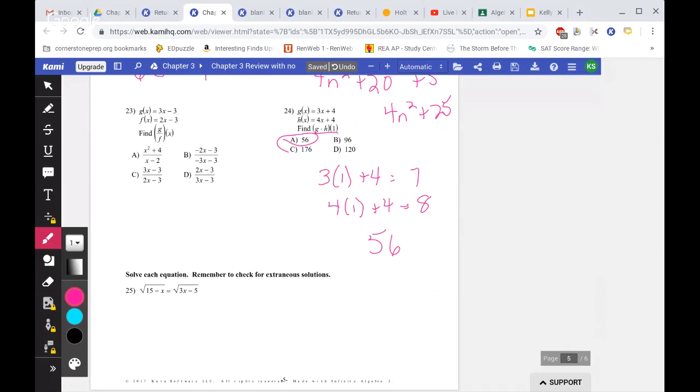And then this one, just square both sides. And you get 15 minus X equals 3X minus 5. And solve it like any other algebra problem. And then subtract 15 from both sides.